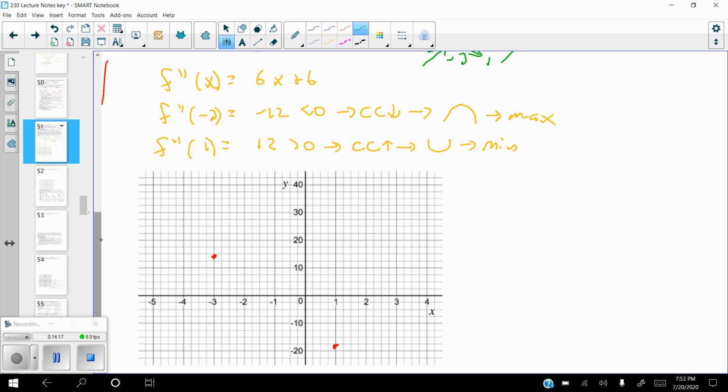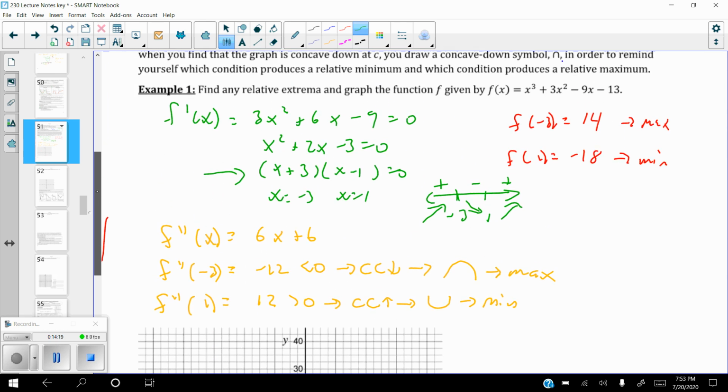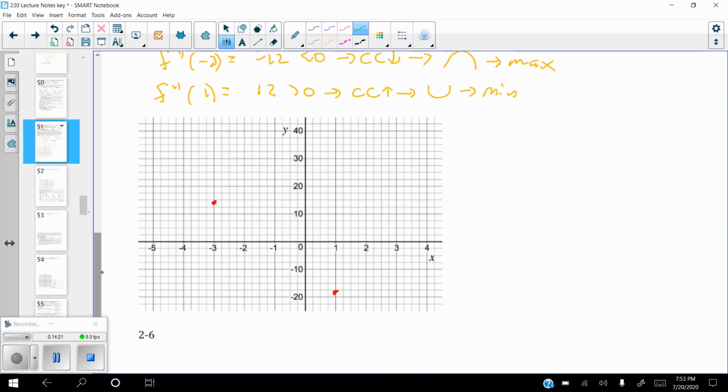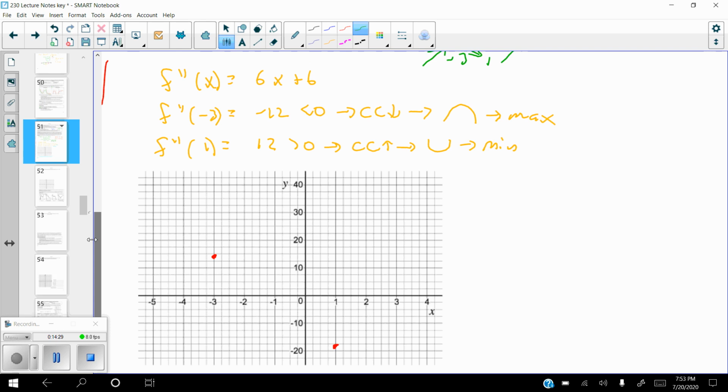Would probably be a good idea if we could find some more information, but since that's all we're really asked to graph right here, we're going to add additional information in there as well. Something we haven't talked about yet will be a point of inflection, which is coming later, but that's something that I'm not really going to include on here. So we're going to go from increasing to decreasing to increasing.